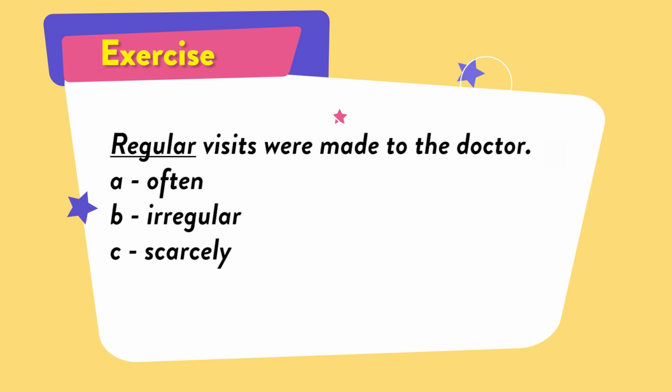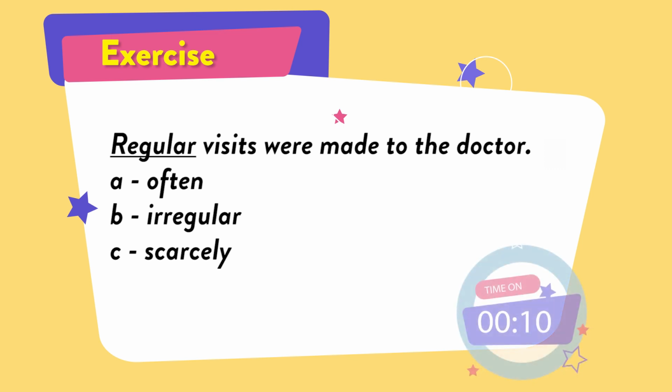The next sentence is, regular visits were made to the doctor. The underlined word is regular. Our options are often, irregular, and scarcely. What is the opposite of the word regular?